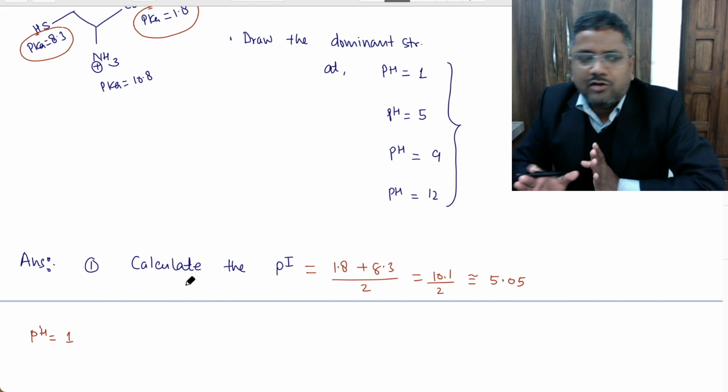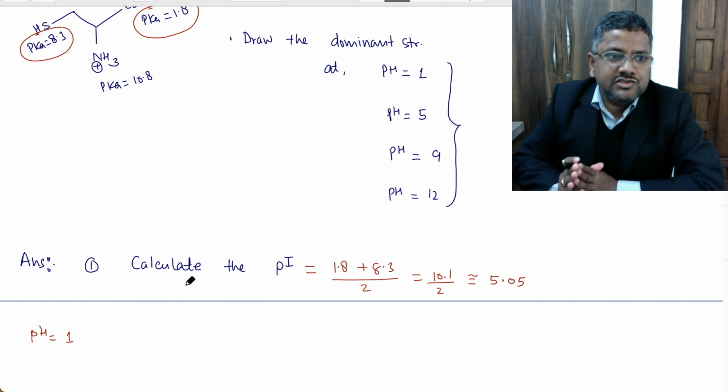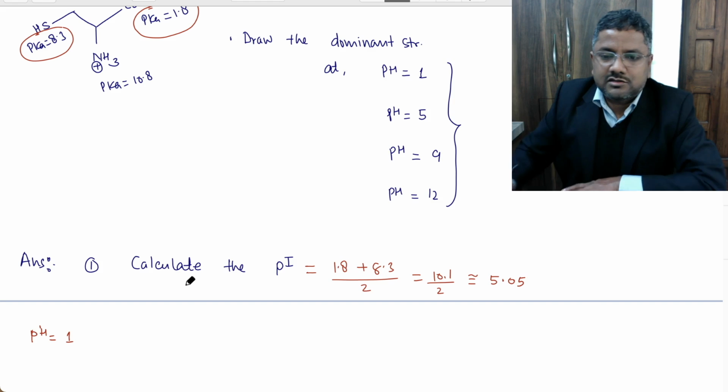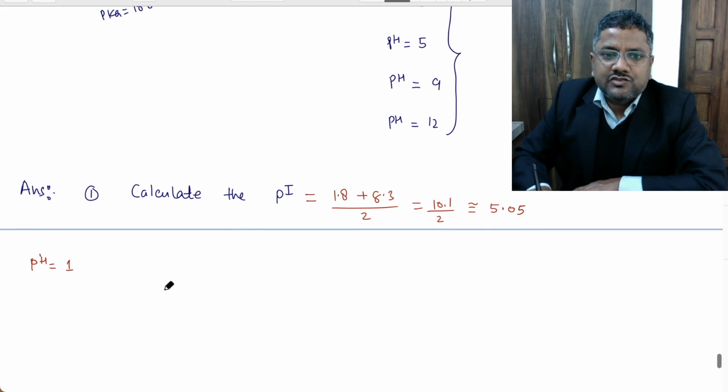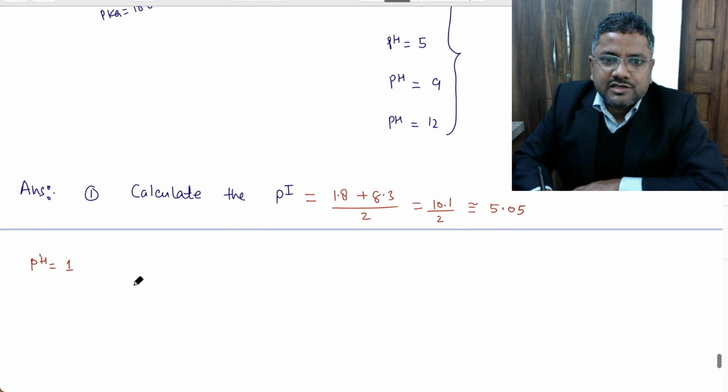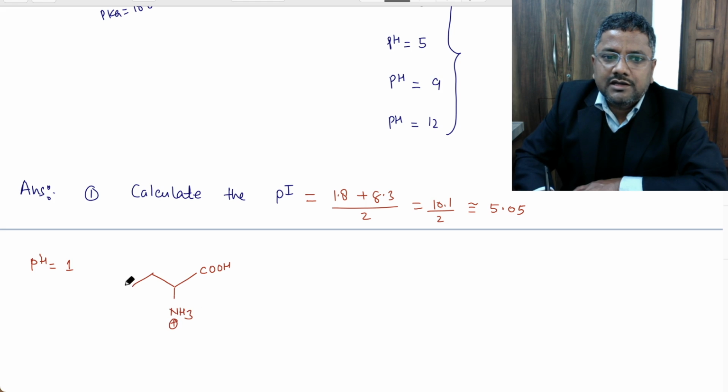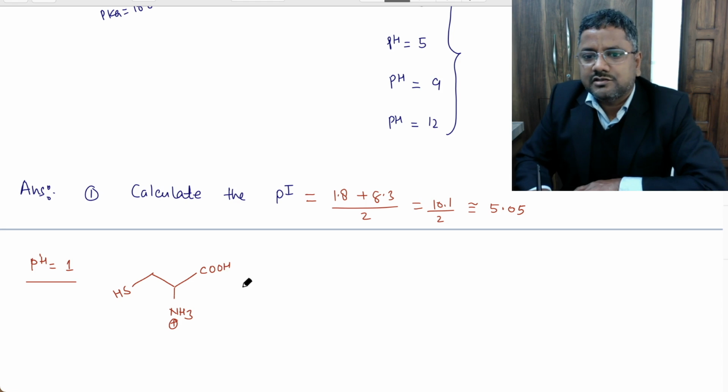So the predominant structure at pH 1 is the same as given to you: COOH, NH3 plus and SH. This is the predominant structure at pH 1. There is not much change.